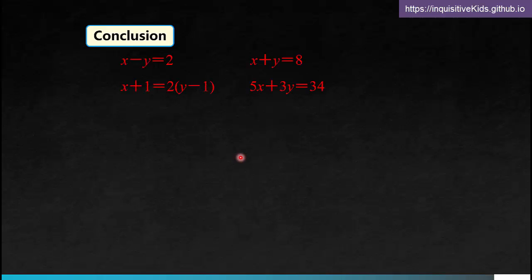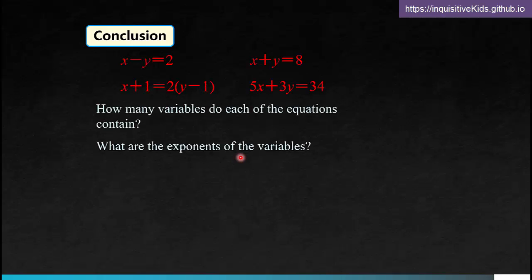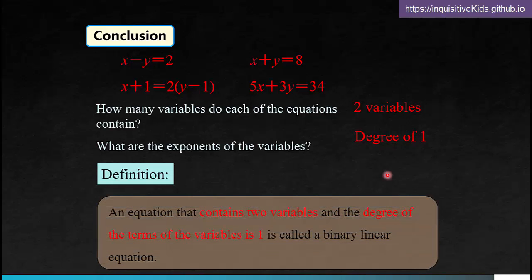So here's our conclusion. Out of these two sets of equations, so this is to the first problem, this is to the second, how many variables do each of the equations contain? What are the exponents of each of the variables? The answer to these would be 2 variables and degrees of 1. Here's the definition of systems of equations.